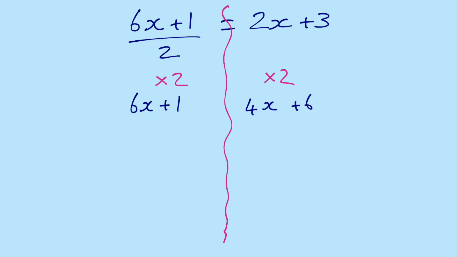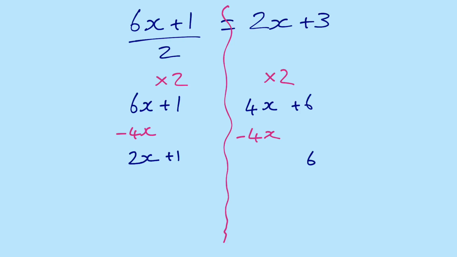Now I need to see which side has got the least amount of x's, so that's the right hand side. So I will get rid of the 4x by subtracting 4x from both sides. So that's minus 4x from the right hand side and also from the left hand side. So 6x minus 4x and 4x minus 4x will leave me with 2x and the 1 on the left hand side, and then just the 6 on the right hand side, as these two will cancel out.